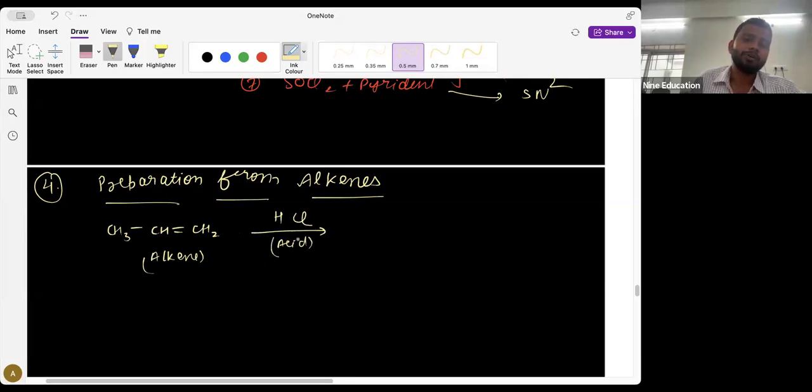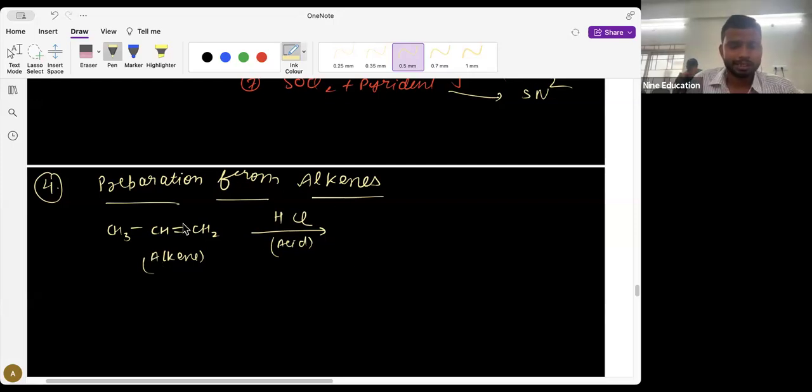And I have always told you, whenever you put HCl into any organic compound, you always make carbocations. You can make the carbocations here.